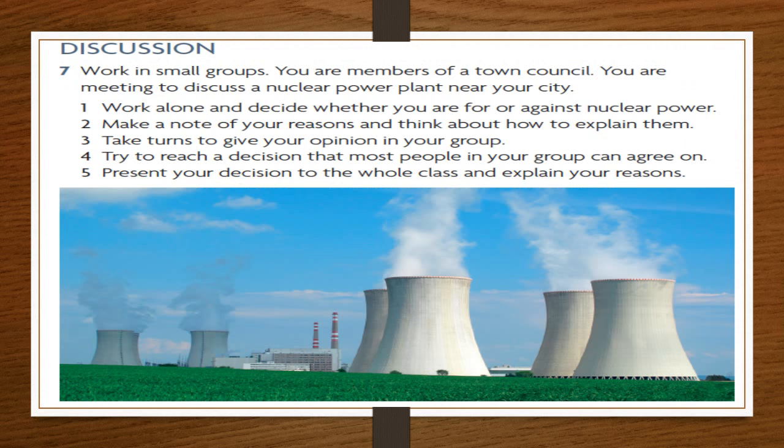And then take turns in this role play and express your opinion. Are you with or against? And justify and give the reasons. Each one in the group is going to mention his opinion, either with or against, with the justification, with the reason.